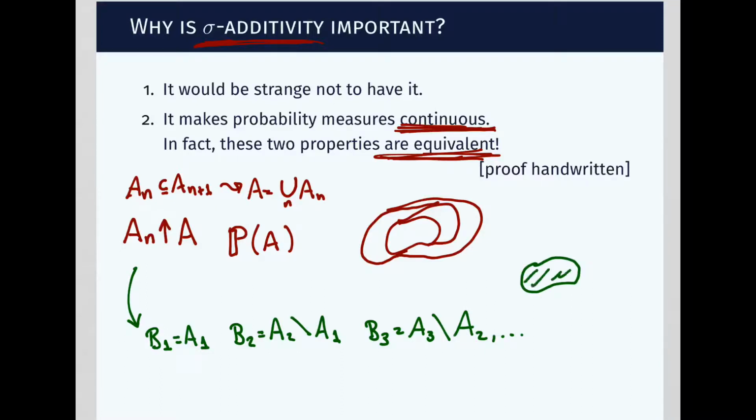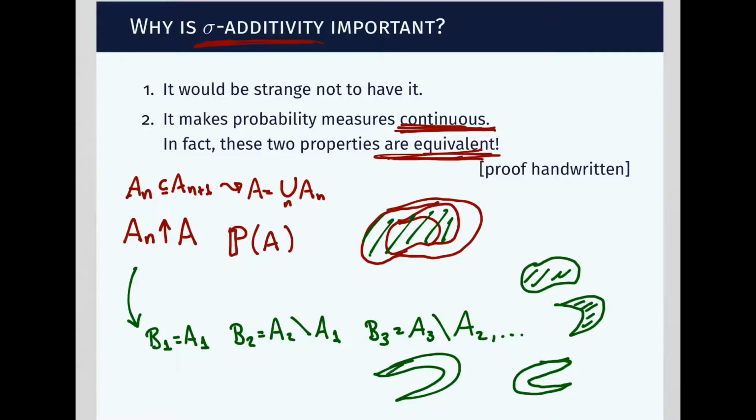Just this event first, then this event that we add on top of it to get this one here, then this event that we add on top of the two previous ones that will allow us to get this one here, and then finally this event that is even larger. So this would be B1, B2, B3, and B4. And what is important is these B's are disjoint.